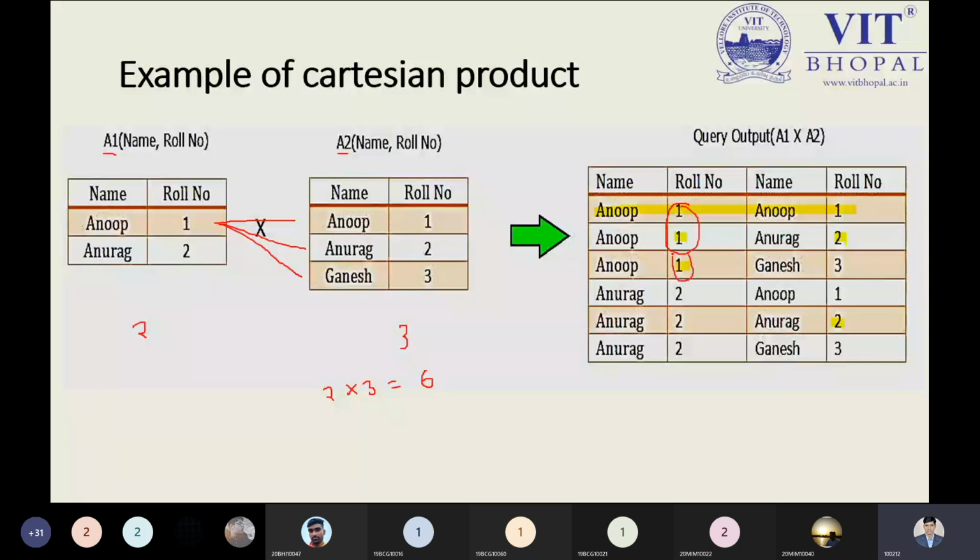Anup is coming 3 times. Anurag is also coming 2 times, Ganesh also coming 2 times. So duplicacy is coming over here. In the Cartesian product, 100% duplicacy will be there.